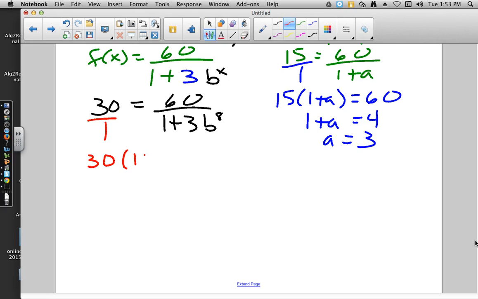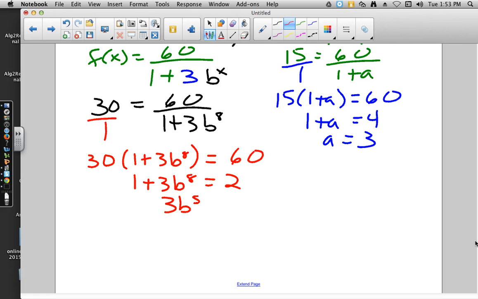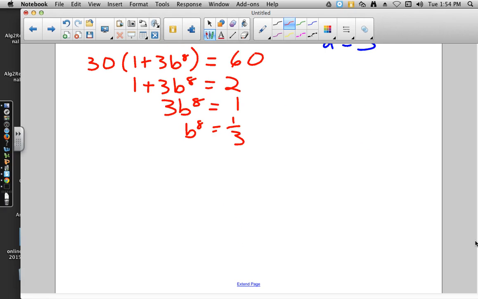So 30 times 1 plus 3b to the 8th equals 60. Divide both sides by 30. Move the 1 over by subtracting. Divide by 3. And then we need the 8th root of both sides.